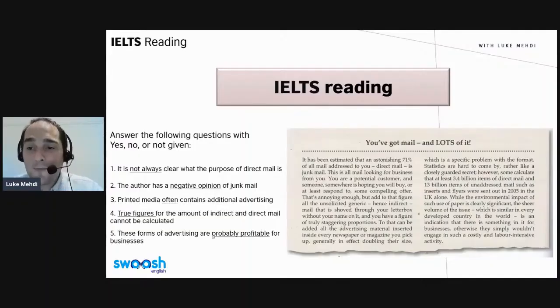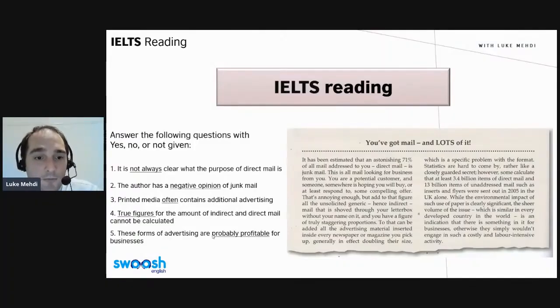Now remember, this is very important. We're looking for the author's opinion. Are these true figures? Statistics are hard to come by. Some calculate. This phrase is a bit too certain.